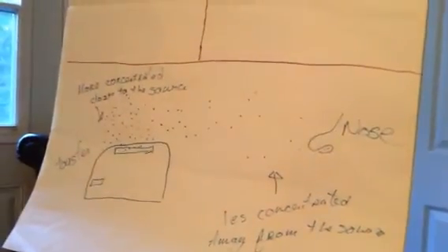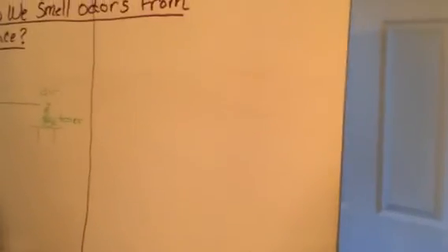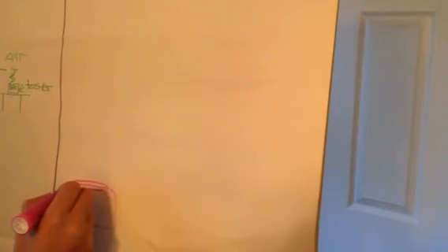Could I have student number 2 please come up and illustrate how do we smell odors from a distance in this box here? And if you can label whatever your ideas are, like I mentioned earlier, so we can better understand what you're aiming at.